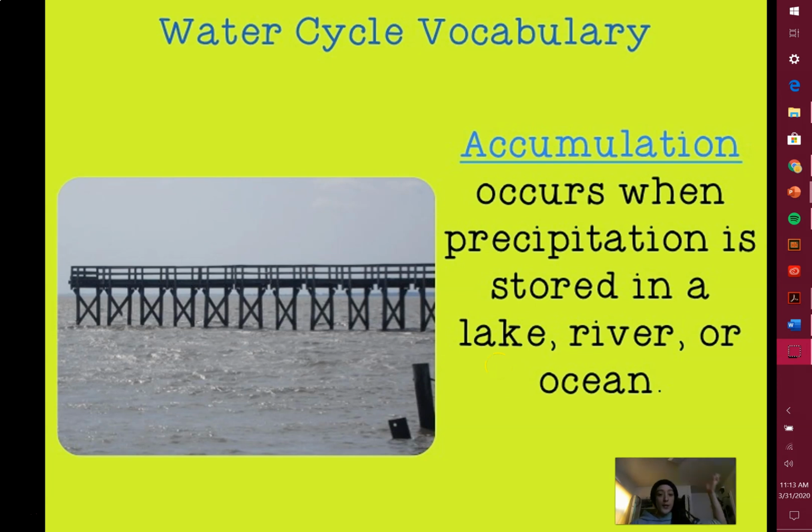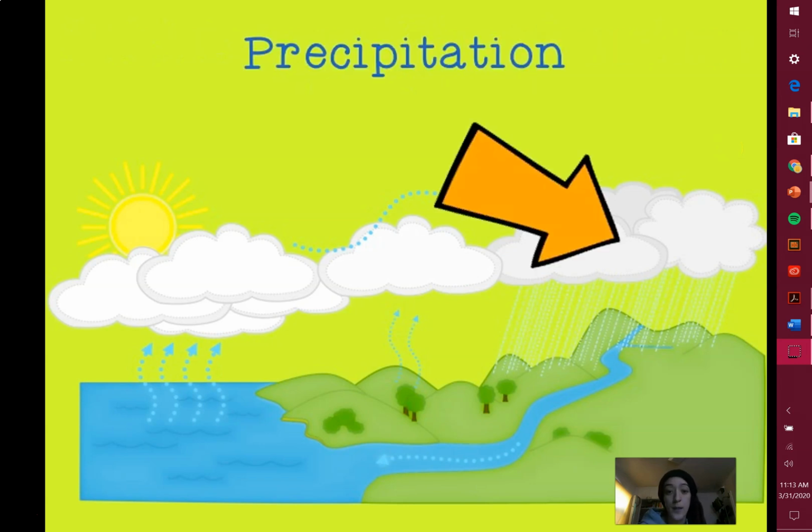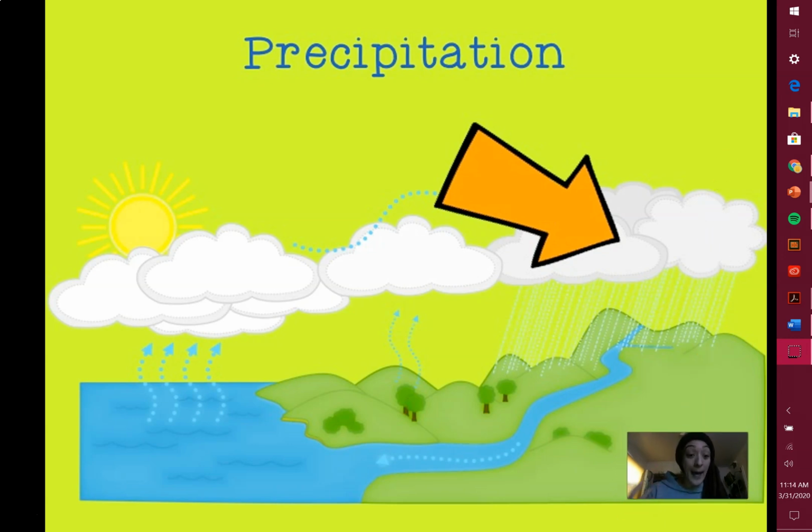So a water molecule in its lifetime is going to go through all of these different stages in the water cycle. Let's look at some different things that drops of water can do. So precipitation, like I said earlier, remember that this is all happening kind of at the same time, right?